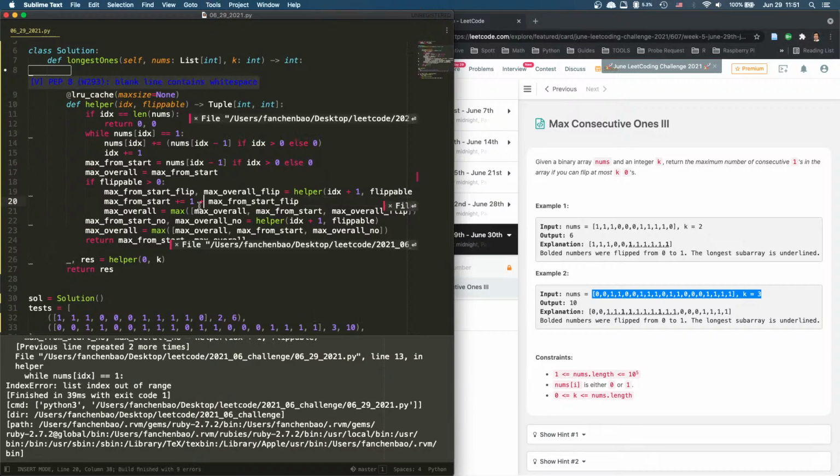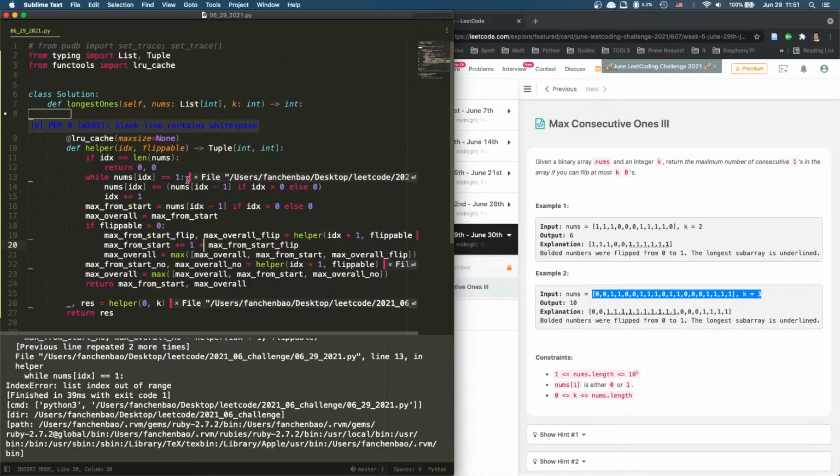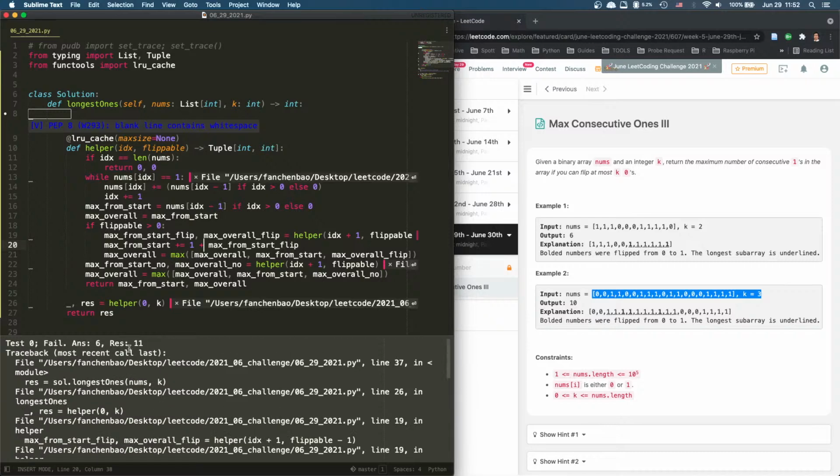And again, list index out of range. How is list index out of range? 0 equal 1. Ah, I see how it's out of range. Okay, and now the first one we fail.